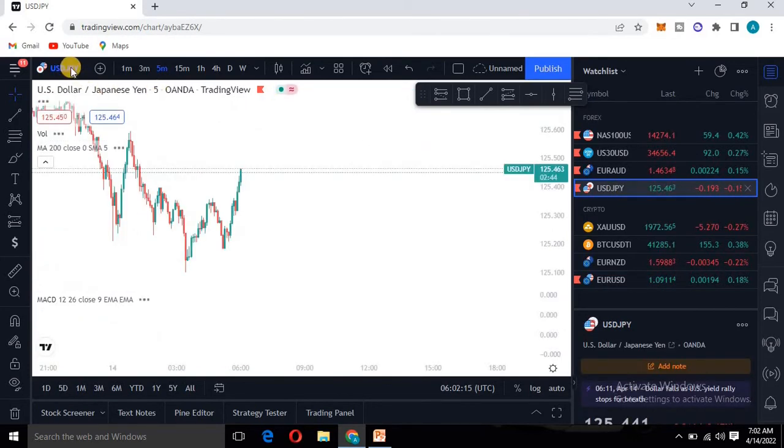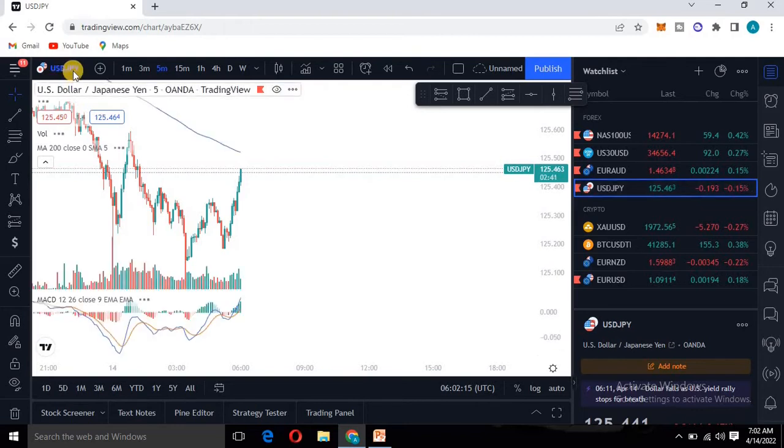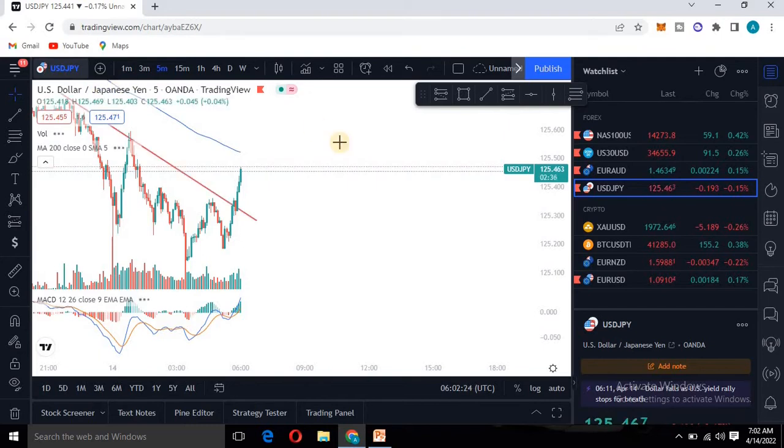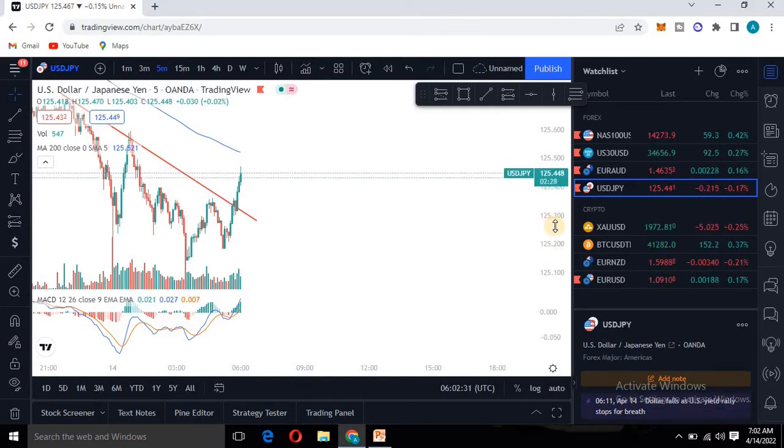So as you can see here, you are seeing USD JPY, right? If you notice here, we have 125 point, and after the point we have up to 3 decimal places. This is telling you that you are going to consider 2 decimal places and ignore the last one. I'm going to explain what the last one means, right?